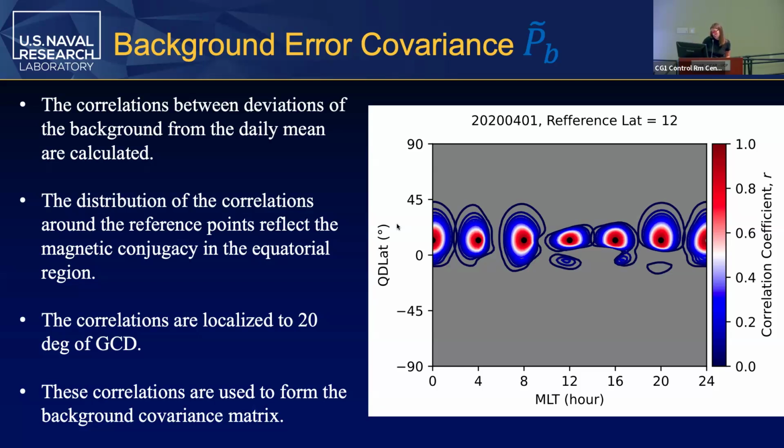What I like about this covariance is that it actually has some ionospheric horizontal structure information in it. For example, close to 12 MLT, magnetic noon, we have those secondary peaks. Those secondary correlation peaks show the structure of the equatorial ionospheric anomaly.